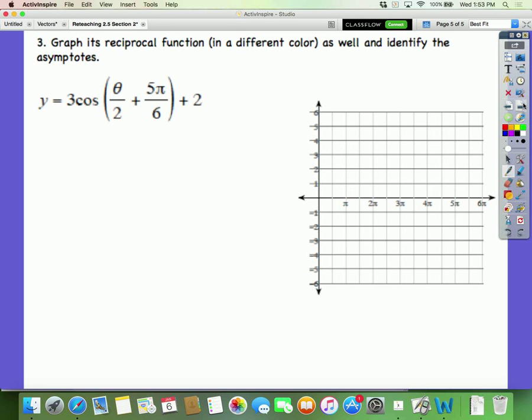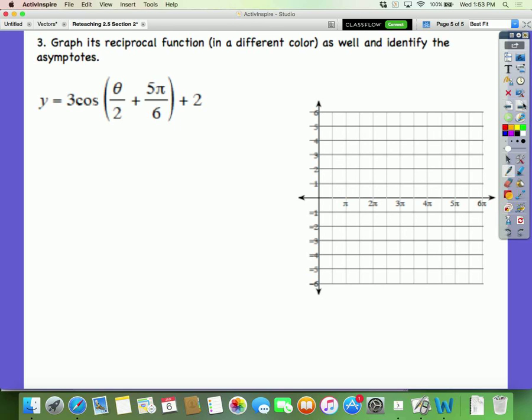What's the reciprocal of cosine? Secant. Just secant. I didn't say cosecant. Here we go. And actually, before we do this, let's do a little bit extra.